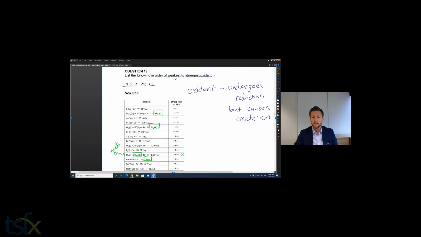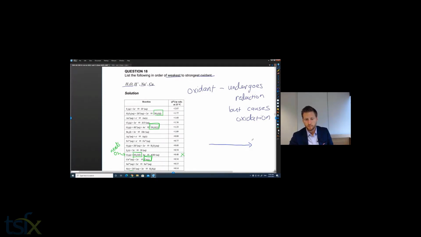And it's going from weakest to strongest oxidant. So what would be on the far right: the one that gets reduced more or the one that gets reduced least?